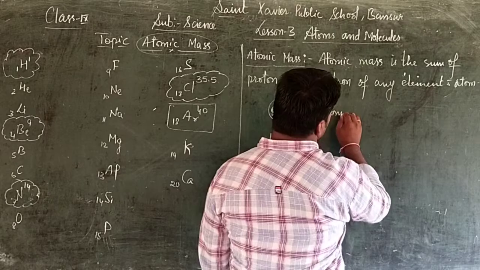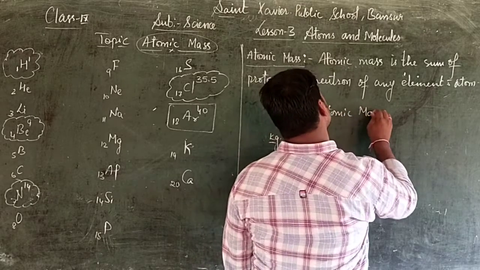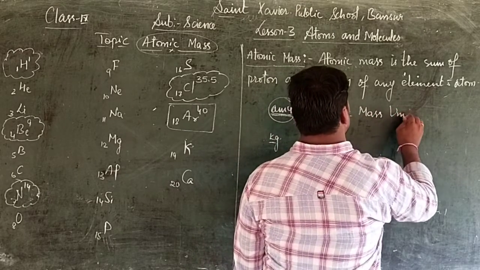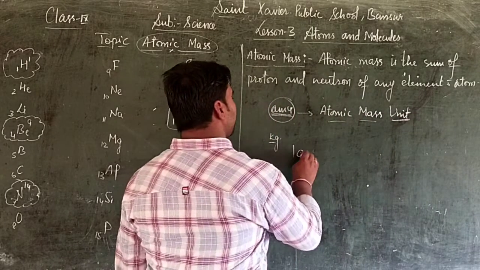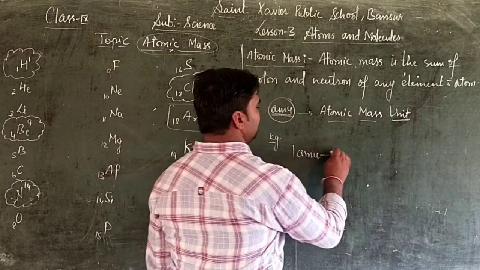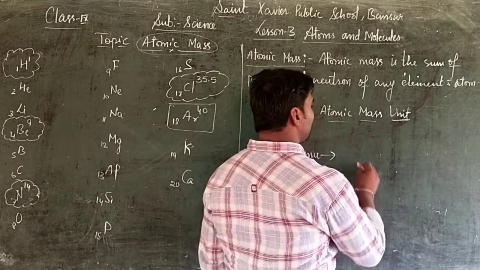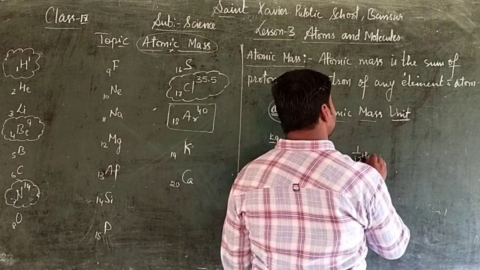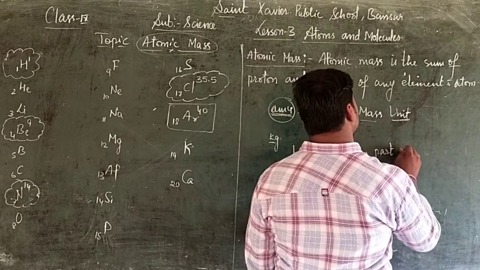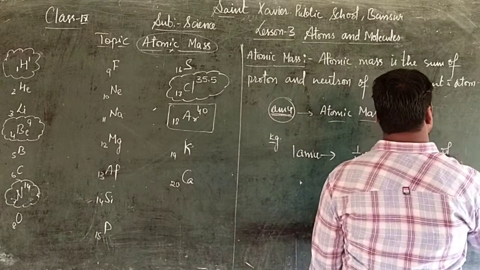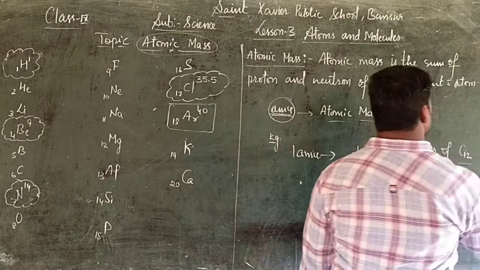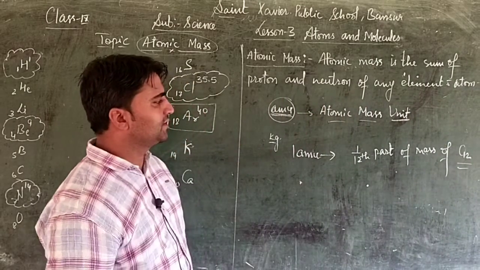Atomic mass unit is the full form. So 1 AMU is always equal to 1 by 12 part of the mass of C12, carbon 12.